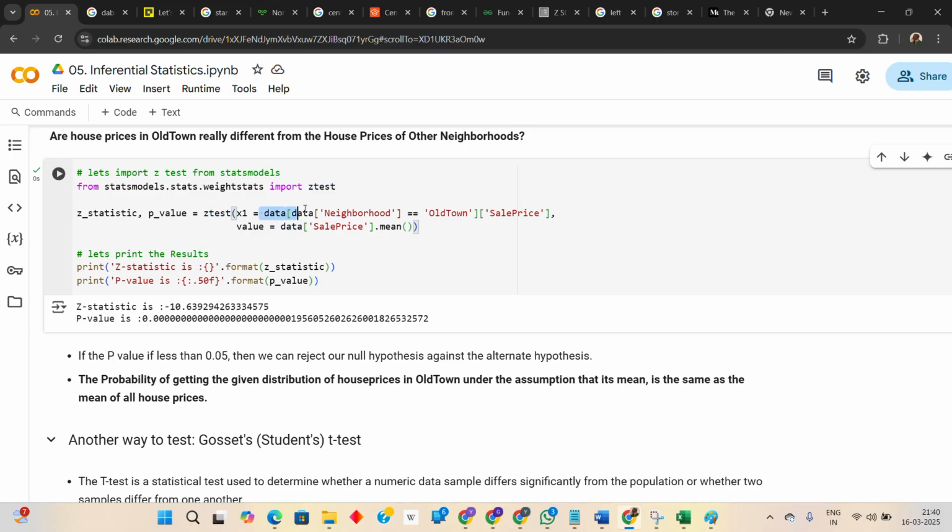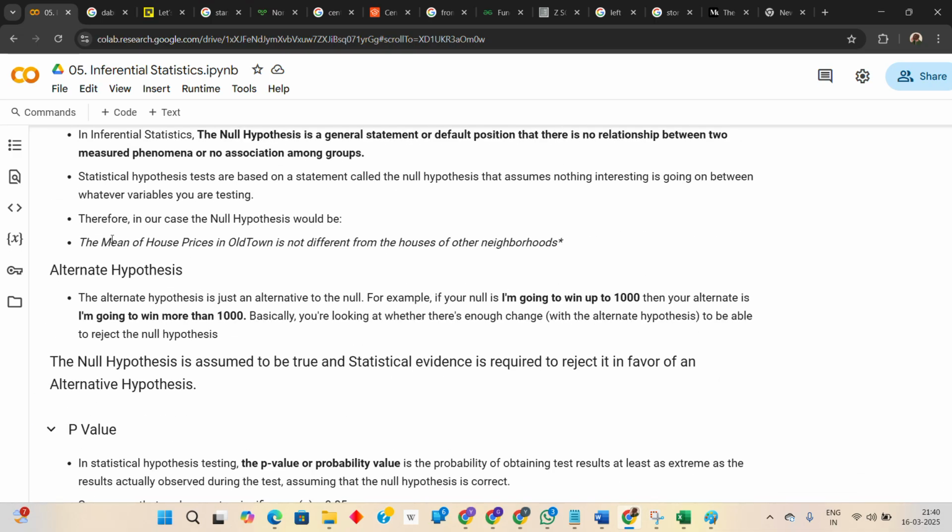You just need to pass the condition. Here the condition is: in the Old Town neighborhood, we would like to check that the mean is not different from the houses of other neighborhoods. That means what I really want to check is that the mean of this one is not different, it is the same as the houses of other neighborhoods.